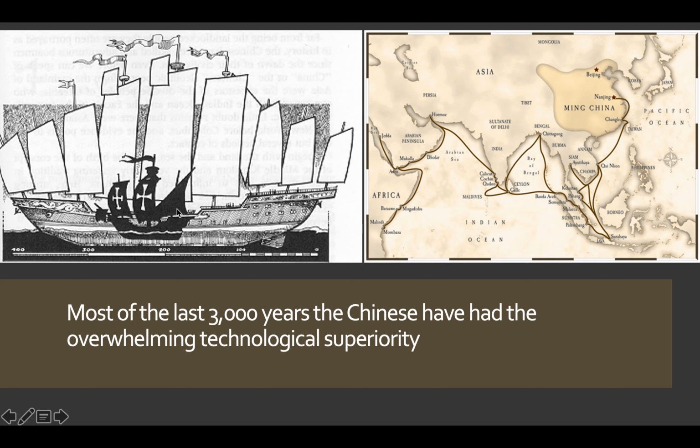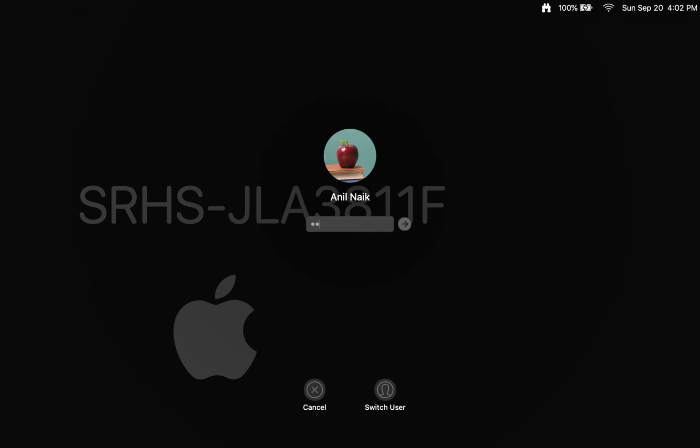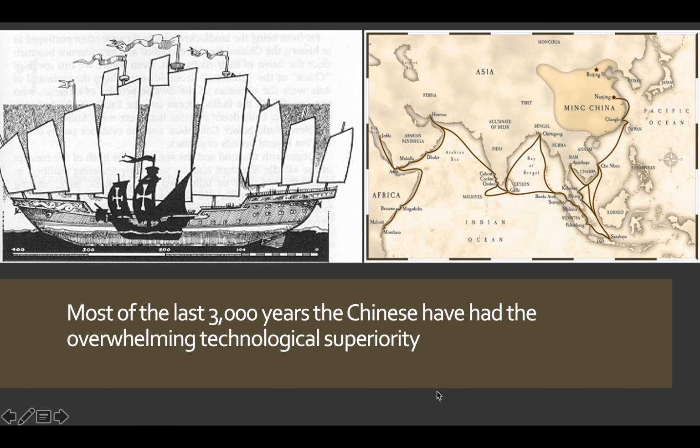This little silhouette here is Columbus's ship. This is the size of the Nina, Pinta, and Santa Maria. And this is one of the treasure ships of Zheng He.